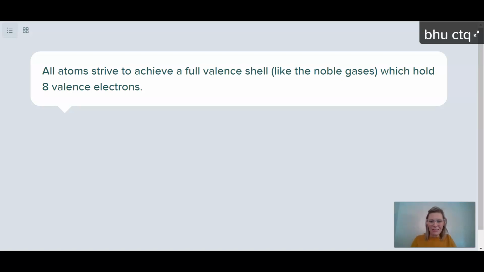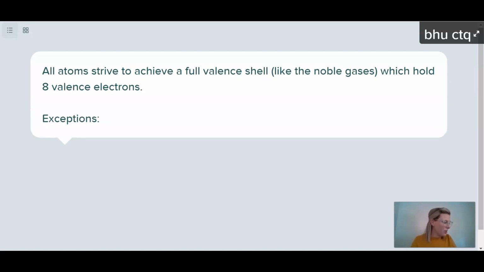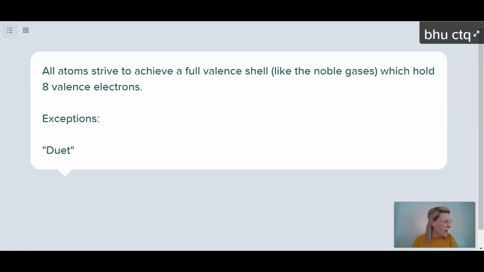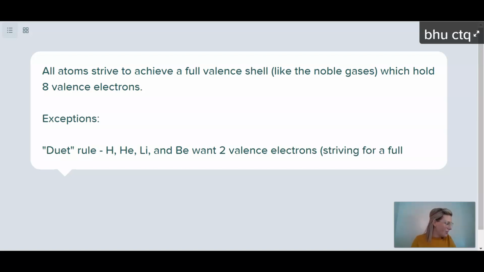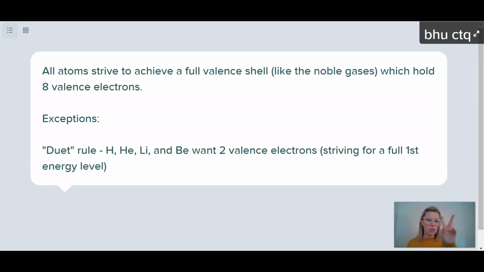So the exceptions, we say, fall under what's called the duet rule. The duet rule is the idea that atoms like H, He, Li, and beryllium want 2 valence electrons, or they're striving for a full first energy level, which again, remember, can only hold a maximum of 2 electrons.